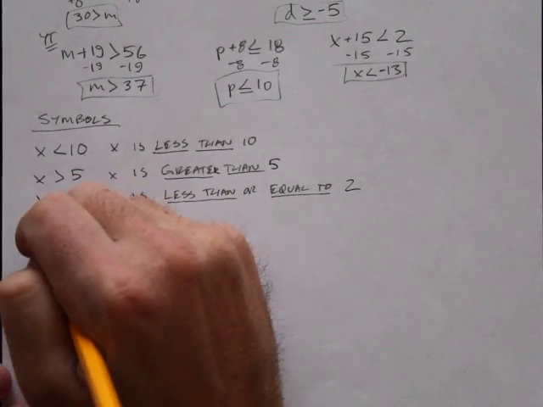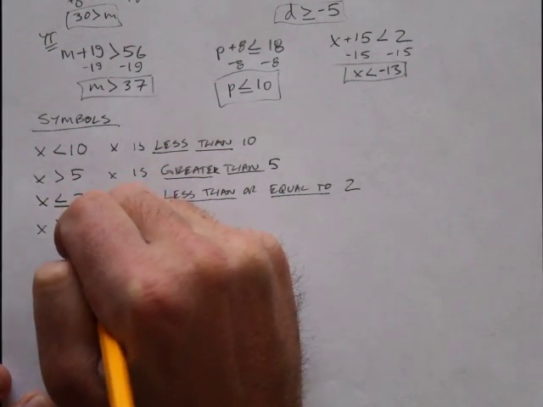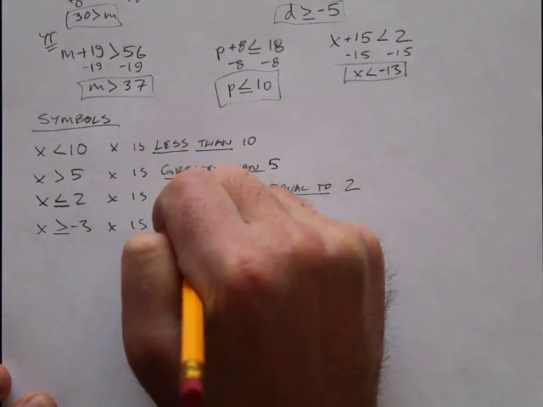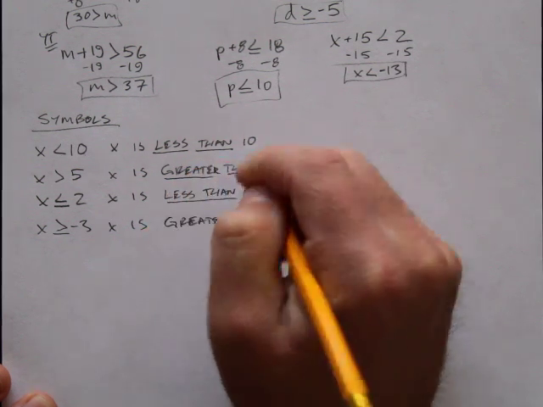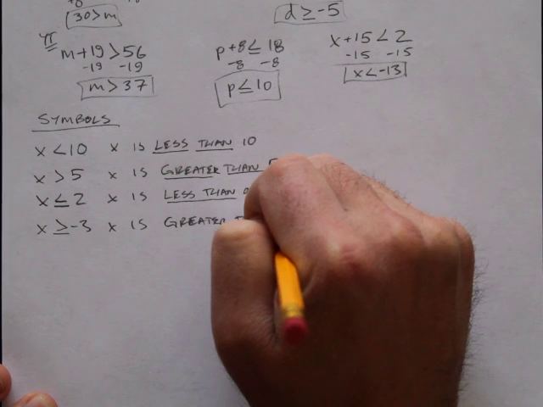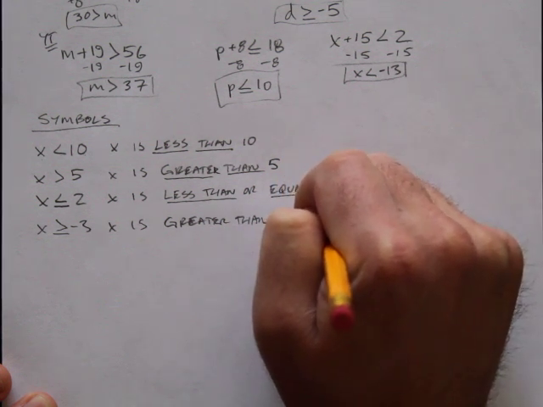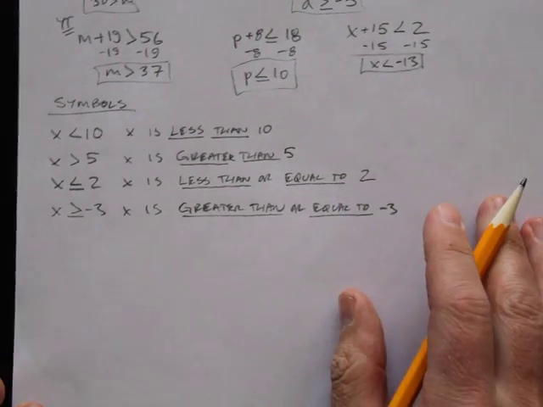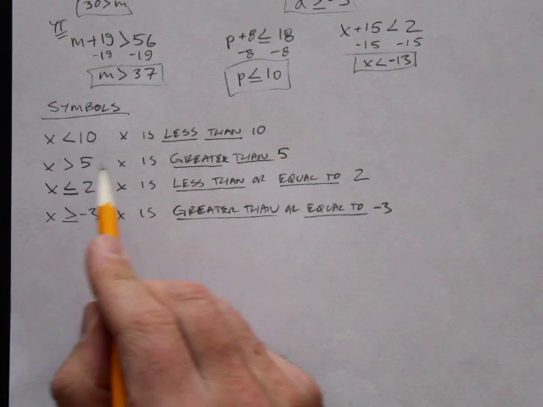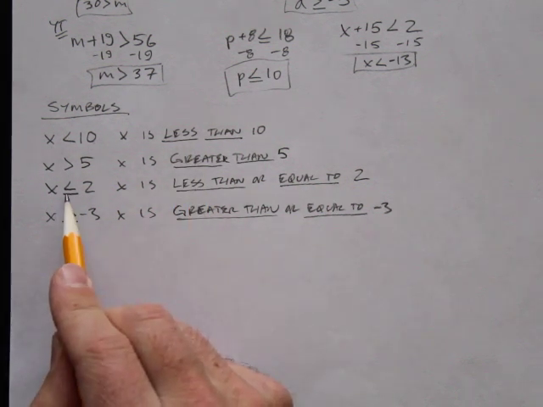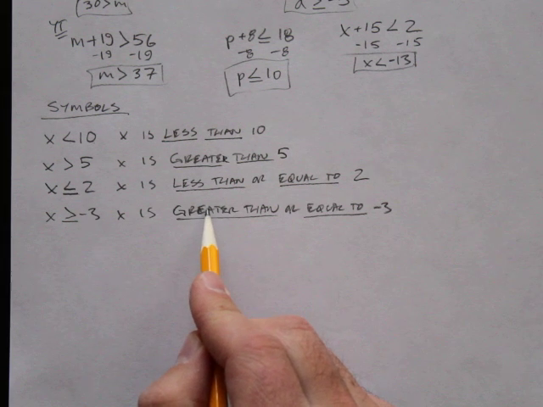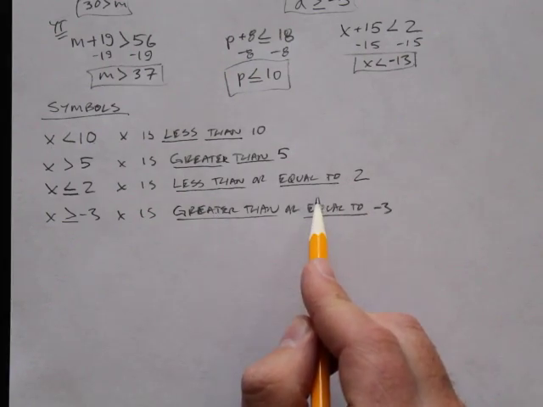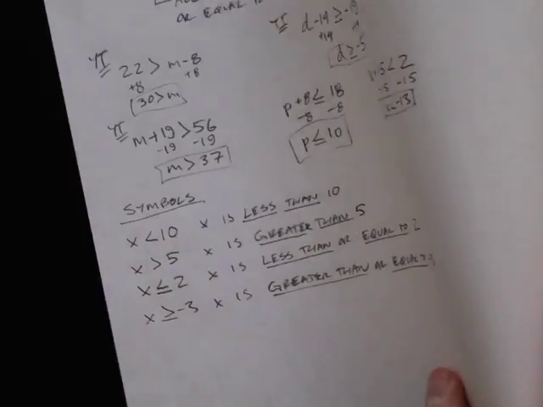And the last one, x is greater than or equal to -3. So if it doesn't have the line underneath it, then it's just less than or greater than. If it's got the line underneath it, then it's less than or equal to, or greater than or equal to. Okay, let's move on here.